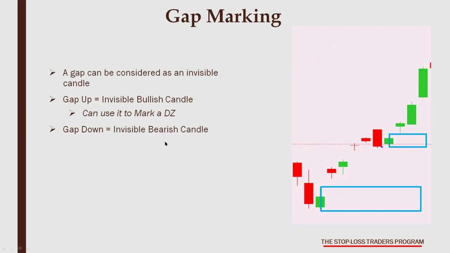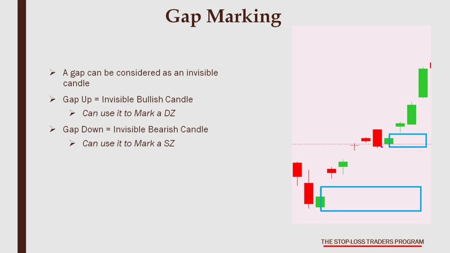Move in, consolidation, and move out. I need three elements to mark a zone. Always there have to be three elements to mark a zone. Now this is wick to wick style of marking, so I'm covering the lowest wick of the base and marking it to the highest wick of the base.